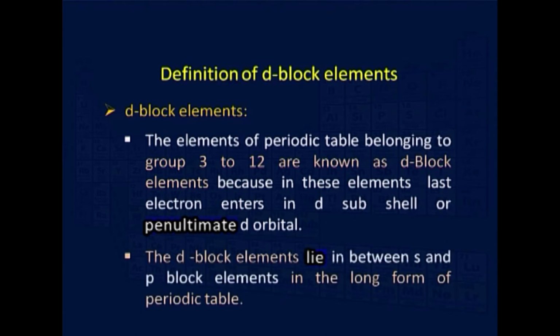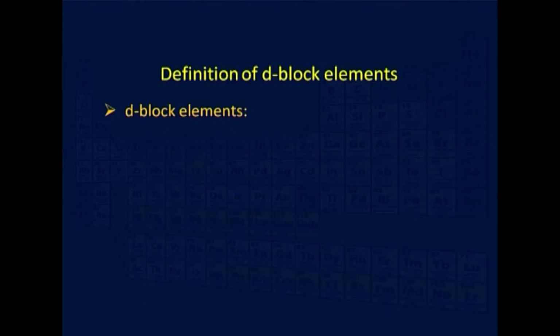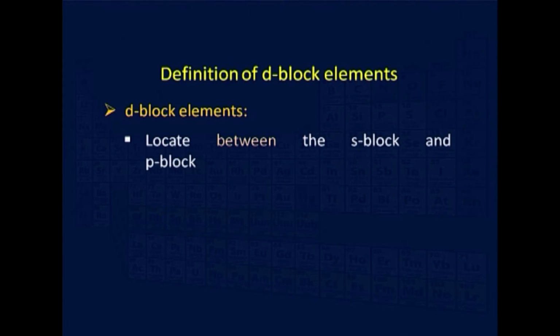The D block elements, as I told, are lying between S and P block elements, and therefore, sometimes the word transition elements or transition metals is used for these metal ions, because when you have to pass from S to P, you have to pass via D. But the IUPAC definition of the transition element is something different.